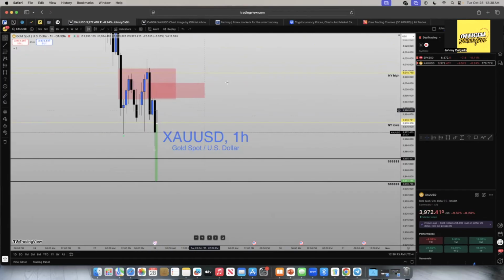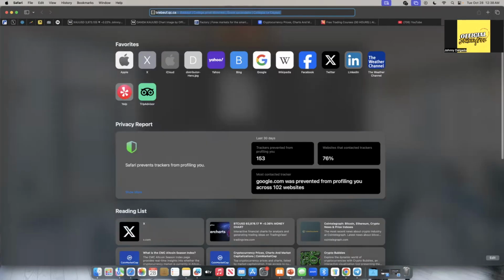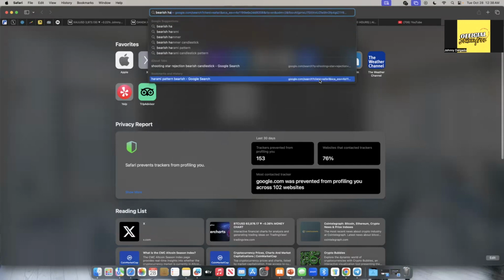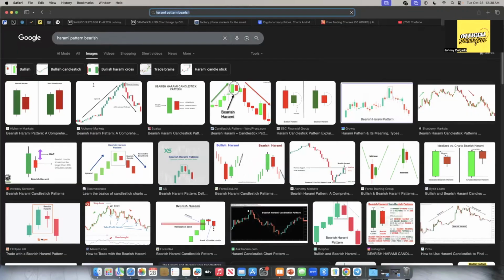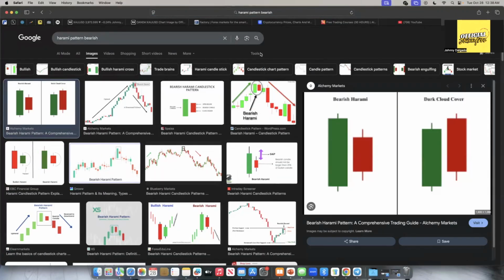Another thing I want to note is that we have a bearish harmonic pattern building here. If you don't know what that is, it's from the Candlestick Bible. So we're going to come here, bearish harmonic pattern right over here, and you can see that we built that literally right over here.